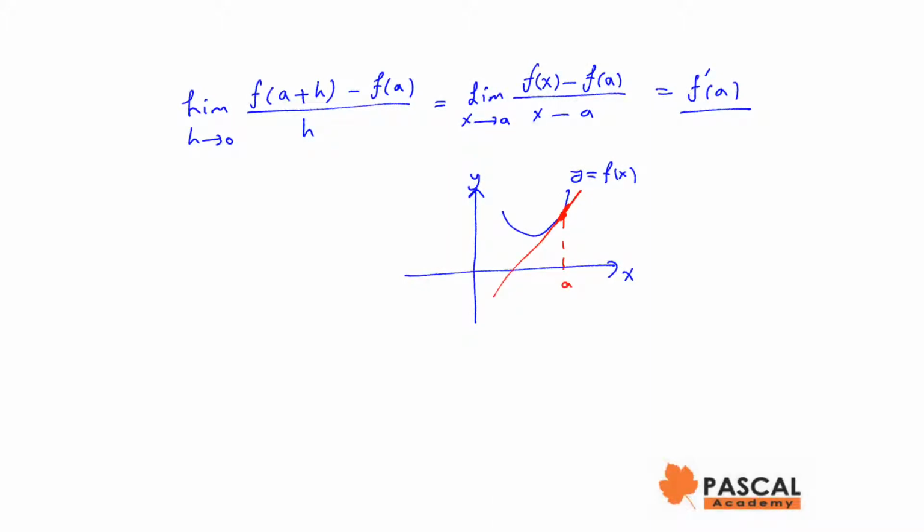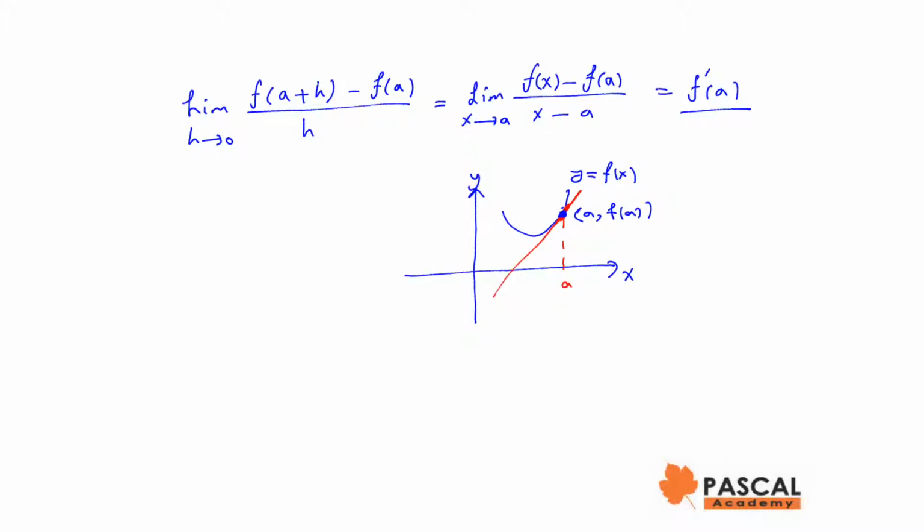When we introduced instantaneous rate of change, we saw that the instantaneous rate of change, which is the same as the limit of f of a plus h minus f of a over h as h approaches 0, is the slope of the tangent line.